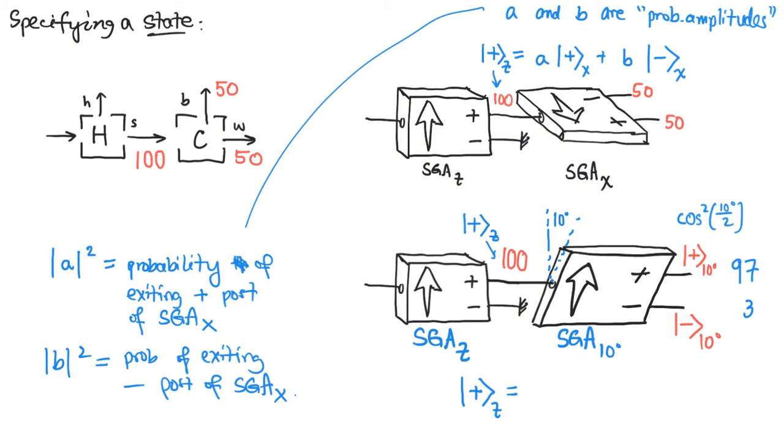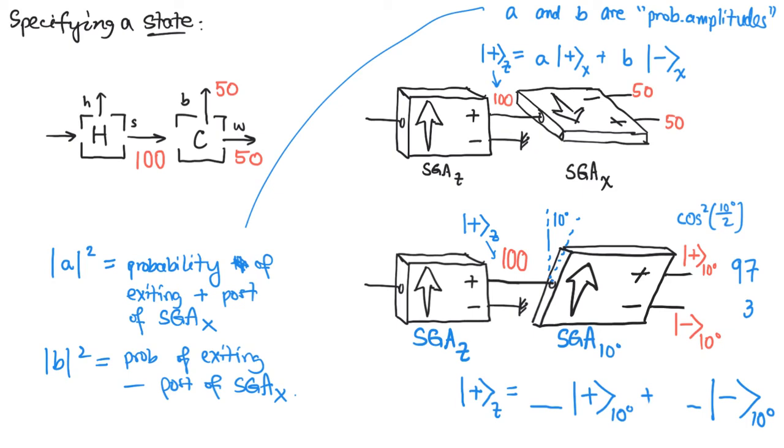So we would like to write the state of the atom upon entry to this SGA-10. We'd like to write it in terms of these state vectors, in terms of these state kets. So we want to write it as something times plus in the 10-degree direction, plus another value times the minus in the 10-degree direction. Okay? And so what can we put there?